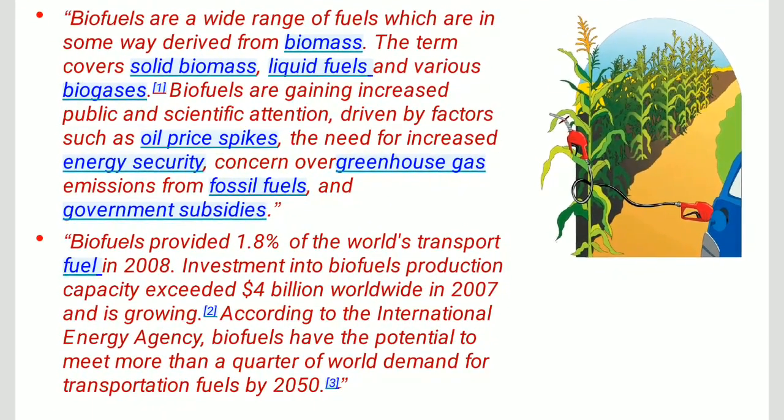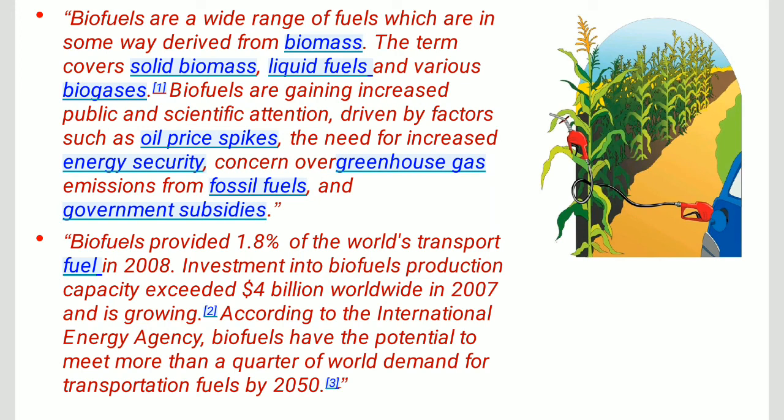The term covers solid biomass, liquid fuels, and various biogases. Biofuels are gaining increased public and scientific attention, driven by factors such as oil price spikes, the need for increased energy security, concern over greenhouse gas emissions from fossil fuels, and government subsidies.